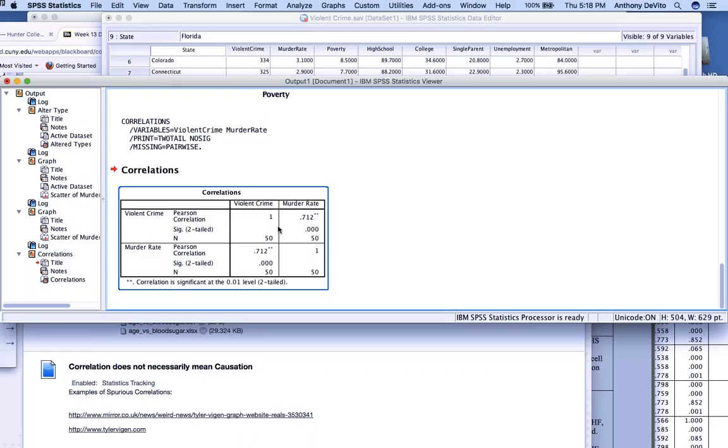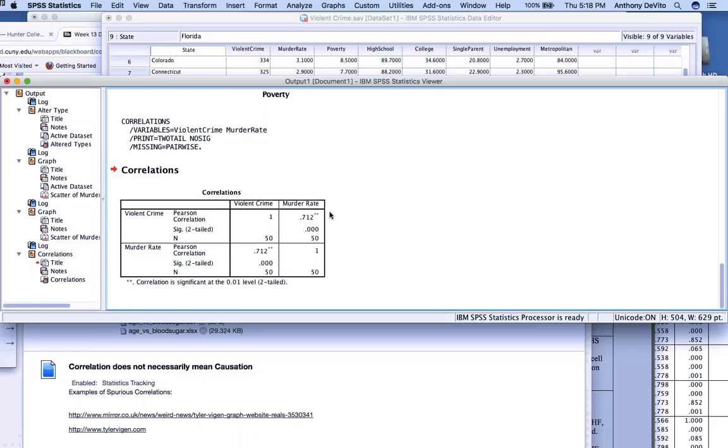But if you have a correlation of 1, it's a perfect correlation. Everything is on the same line. As one goes up, the other one goes up in an absolutely predictable manner. Now the fact is that this is a 0.712. That's closer to 1 than to 0. So I would call this a strong correlation. There's a strong association between the poverty rate and the murder rate.